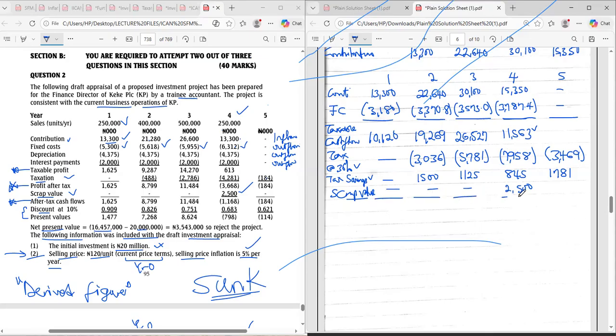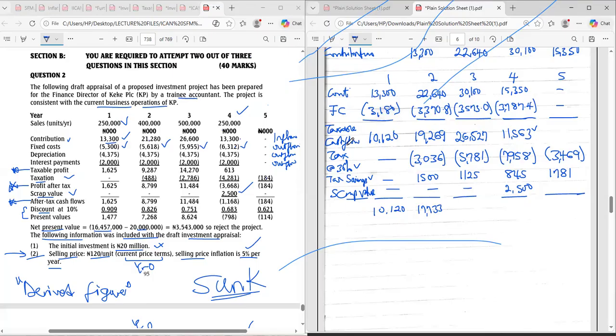1, 2, 3, 4, 5. Give me the figure. There will be 10,120. Check now. You don't have a calculator. You are very important here to check. Give me the figure for the next one. 17,73.